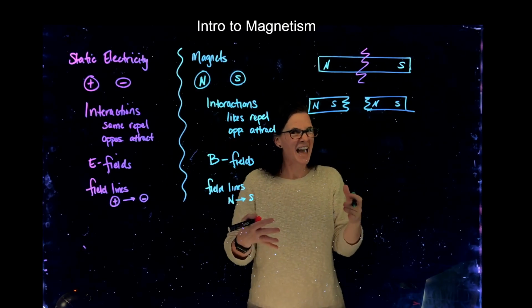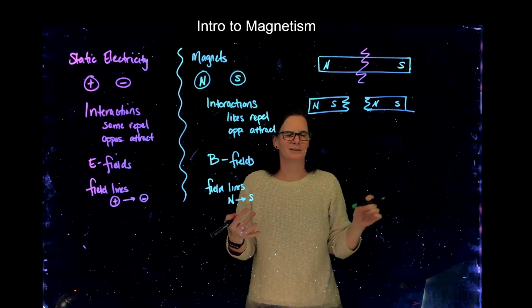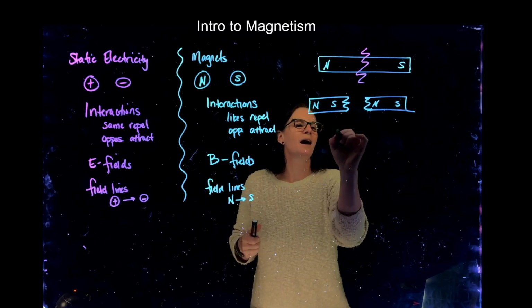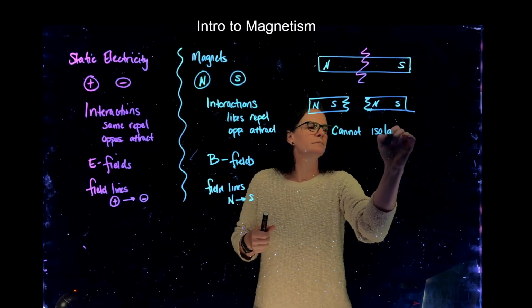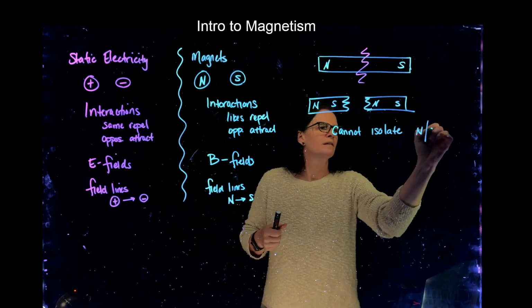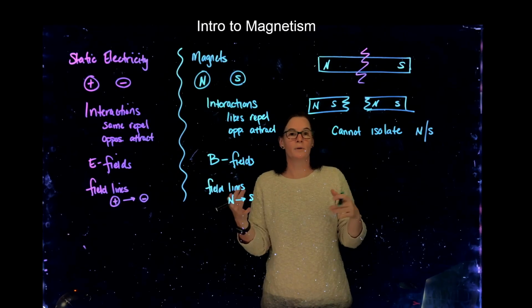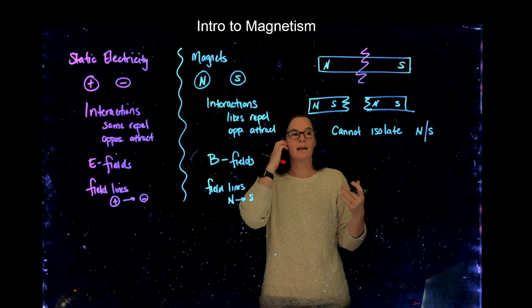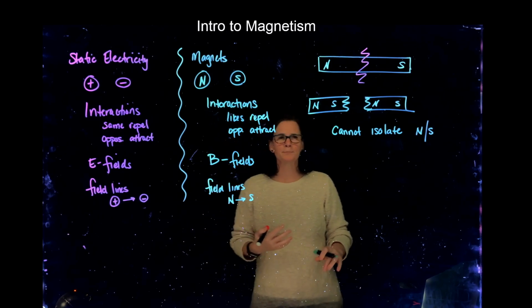And if I cut them in half again, I'd end up with 4 pieces, all as little magnets. So with magnets, we cannot isolate the north and south ends. They're always both, one end being north, one end being south, if you want to think of it that way. Okay, so that's a cool little property.